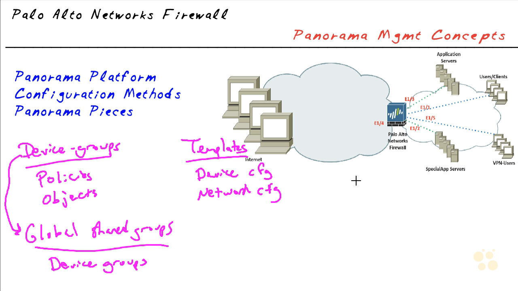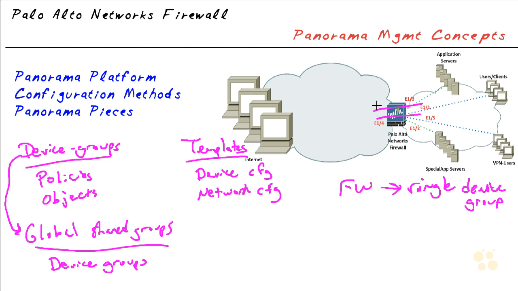So a device, we'll just call the device a firewall in here, belongs to a single device group. So we have to choose wisely as far as what it is. Virtual systems, by the way: if I have multiple virtual systems on here, each virtual system could be in a separate device group.